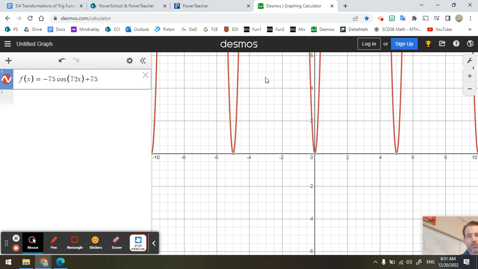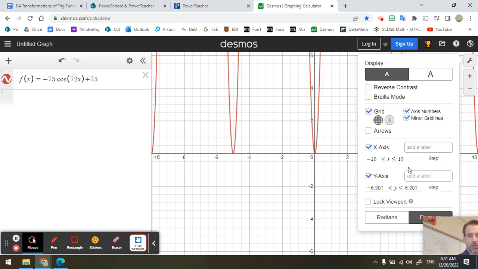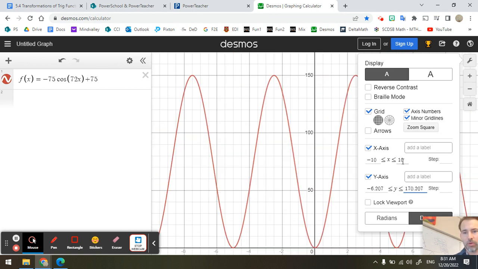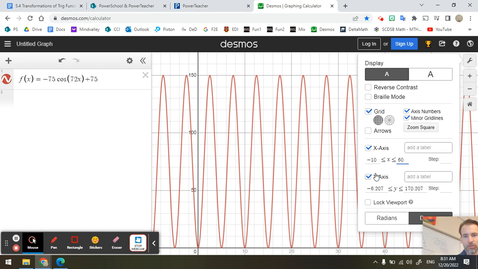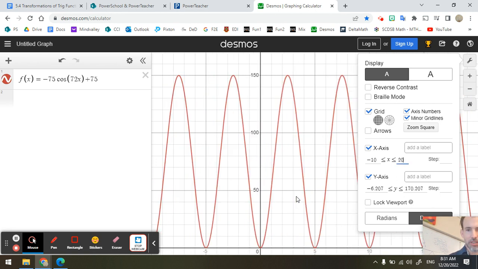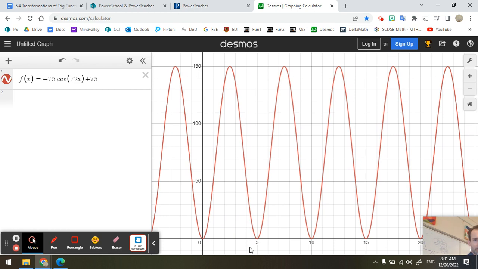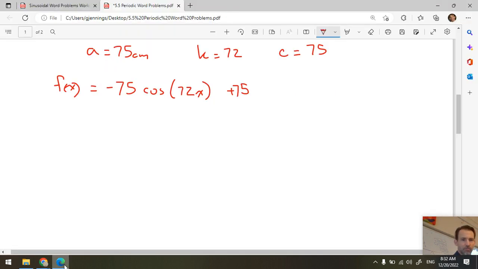And then you go ahead and change your scale so that it matches the scale I gave you. So we're going to want to see y values up to about 170. And then we want to see x values out to 60 because that's the first 60 seconds of his tour. Wait, no, we only need 20. 20 seconds is good. There we go. So there we have it. And that's the function that matches what we have in our graph.